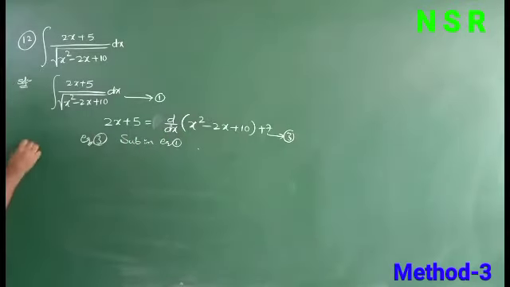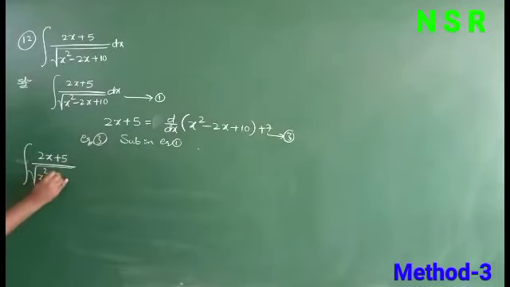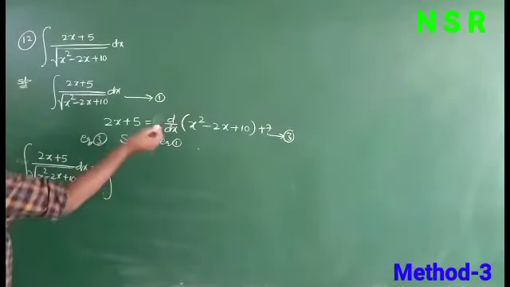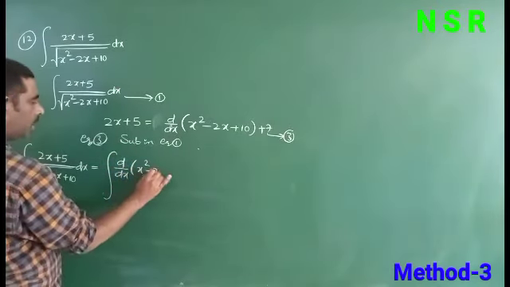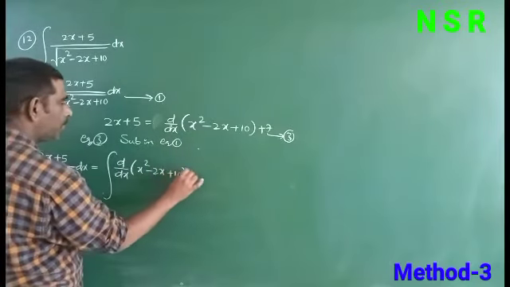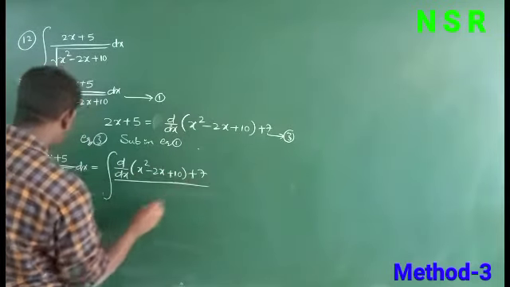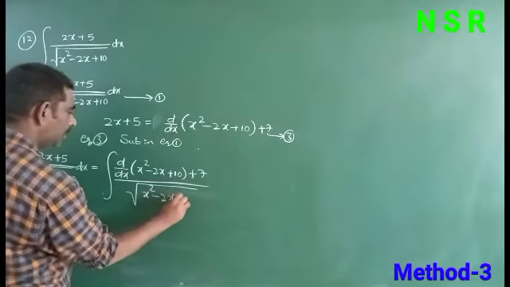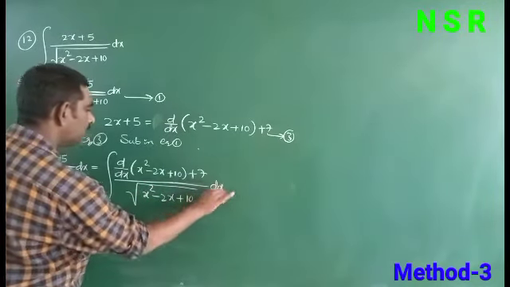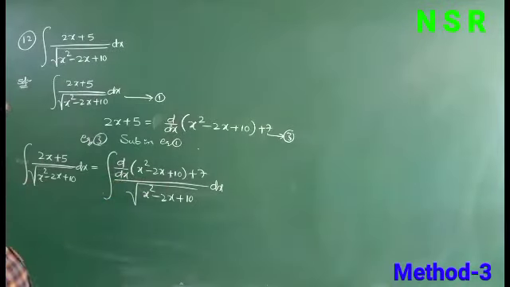So equation 1 becomes integration of (2x plus 5) by square root of (x square minus 2x plus 10) into dx equals, in place of 2x plus 5 we write this value: d by dx of (x square minus 2x plus 10) plus 7, by square root of (x square minus 2x plus 10) into dx. Now we have two terms here.